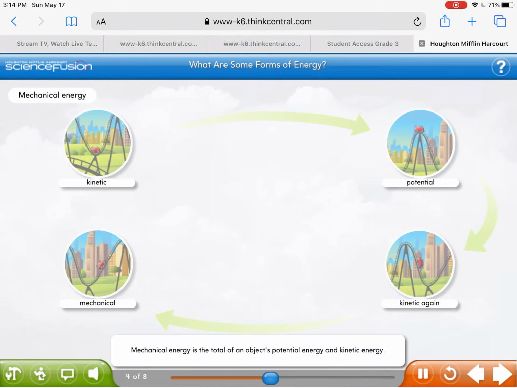Mechanical energy is the total of an object's potential energy and kinetic energy. Potential energy is based on where an object is located or its condition. Kinetic energy is based on motion and an object's mass. Click each image to learn more about these forms of energy.